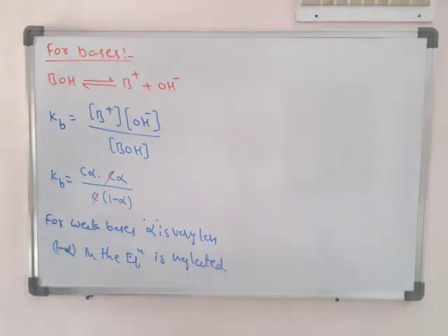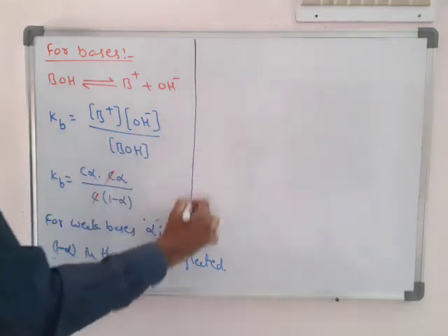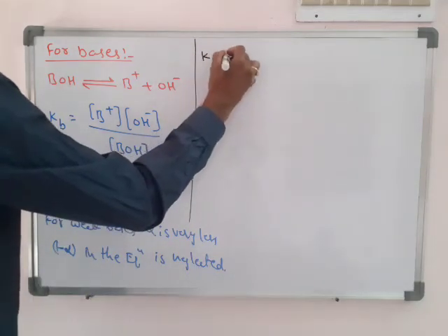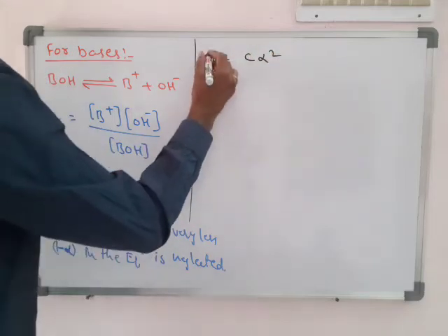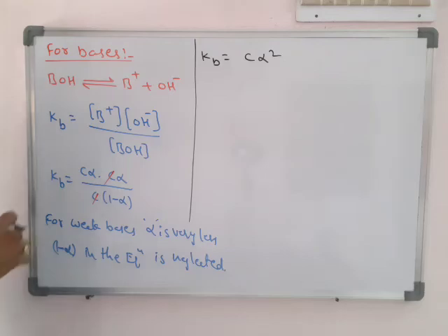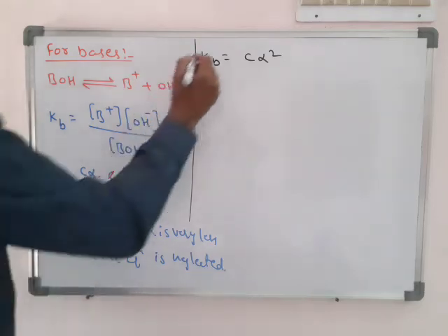After neglecting that 1 minus alpha, we can write Kb is equal to C alpha squared. That can be taken as a general formula: Kb is equal to C into alpha square.